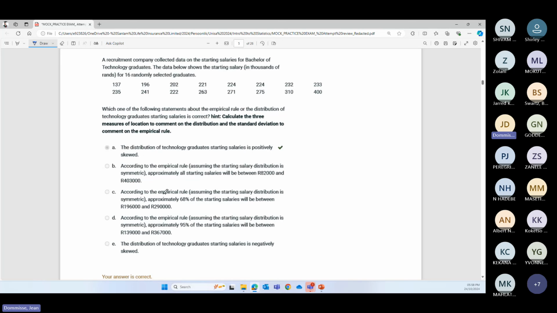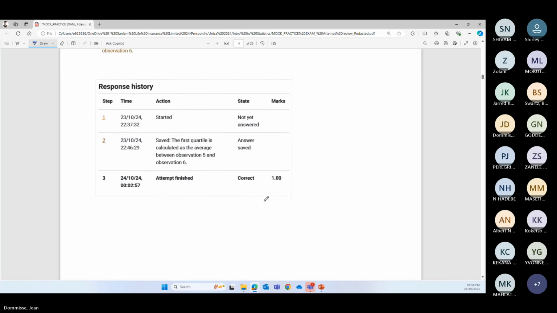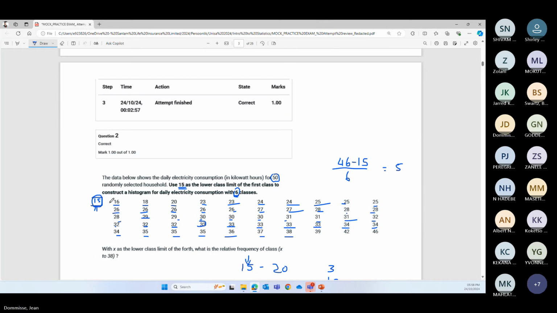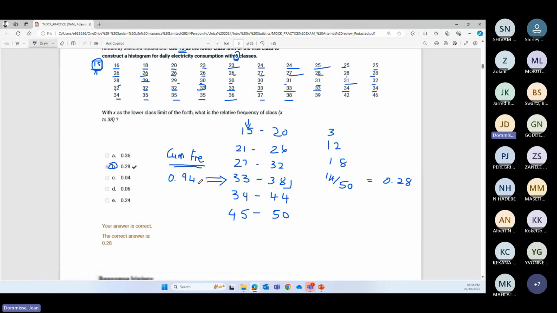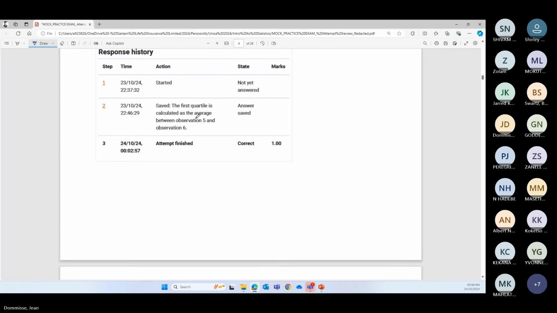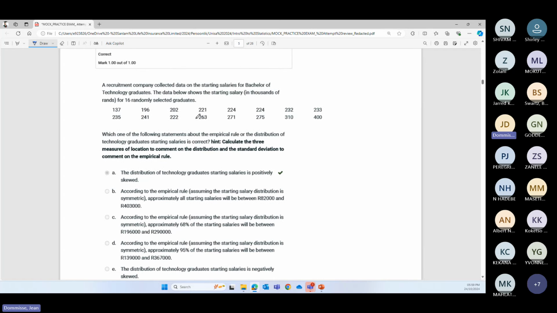Okay, so let's quickly check this one. Just to go back, for this we did not need to use Excel, because again, it's more theory based. So let's look at what they give us here.